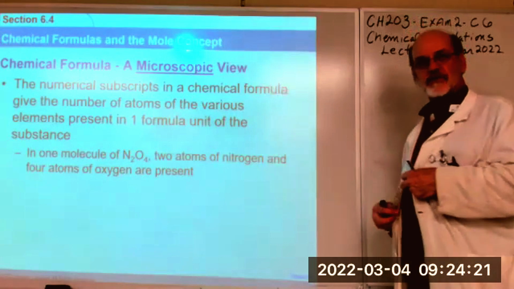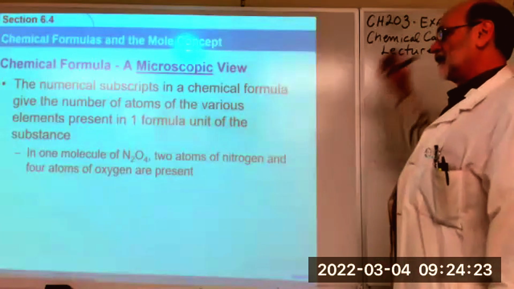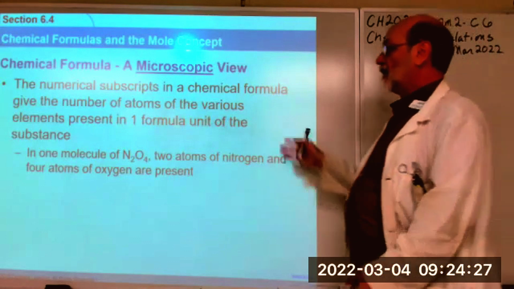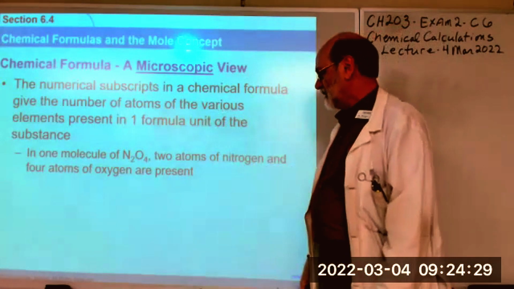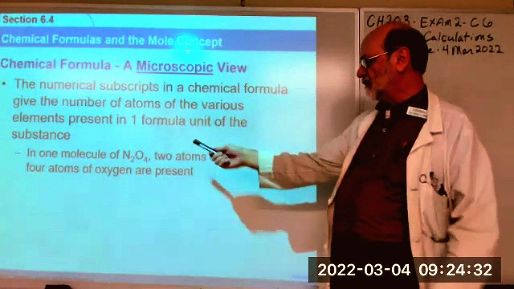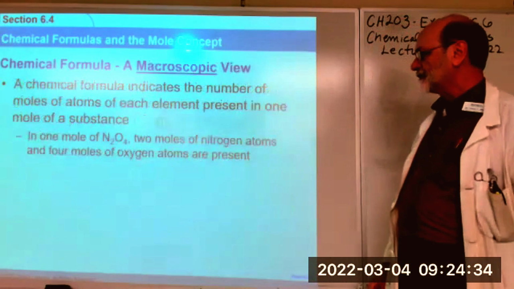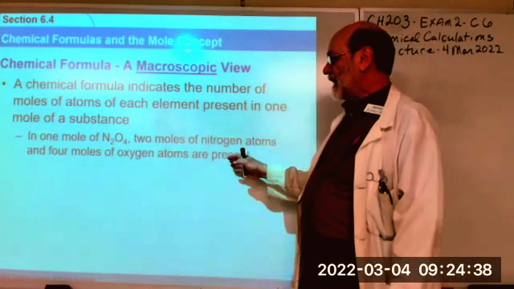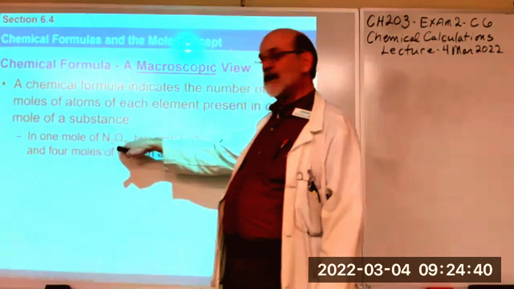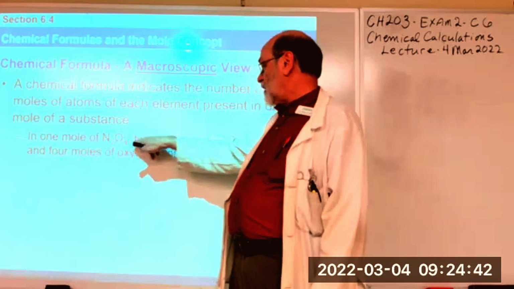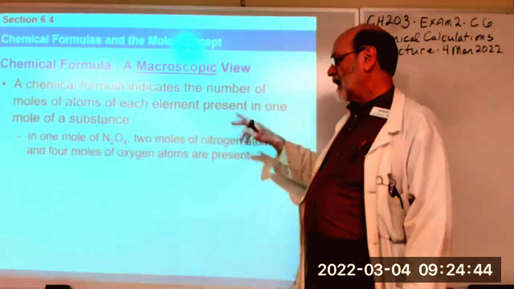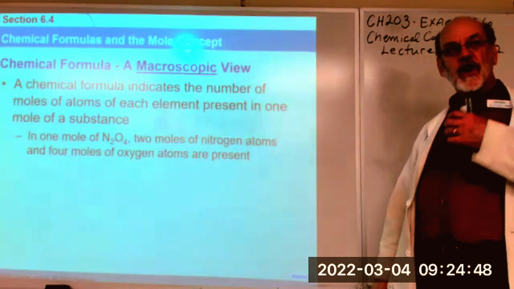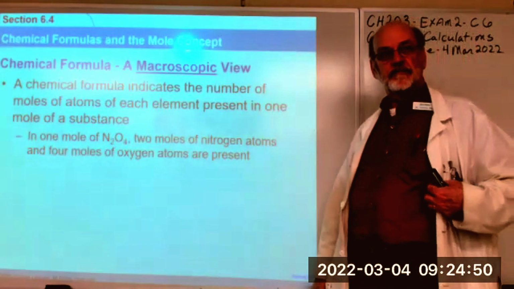So we have to sort of stretch our imagination there. But at the microscopic level, that's the simplest whole number ratio of elements in a compound. This has 2 atoms of nitrogen, 4 atoms of oxygen. Right? But it also means that in 1 mole of that compound, you have 2 moles of nitrogen and 4 moles of oxygen. Right? So the ratio is the important part.